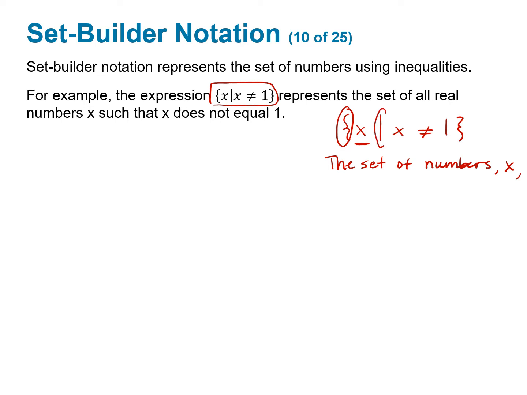This line right here is "such that," I'm about to describe the set. So we have a set of numbers X such that this is true about them. And then this is the statement. The statement says X cannot equal 1. So we have a set of numbers, all these numbers, but 1 cannot be in that set. That's basically what that means.